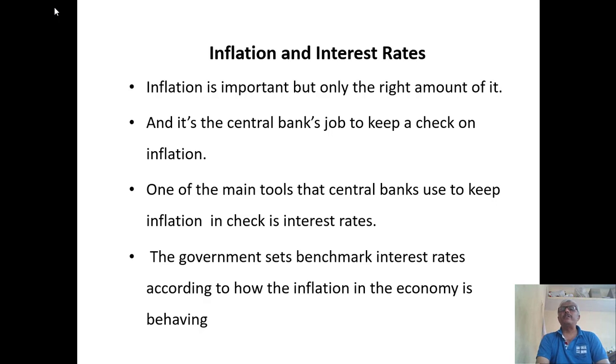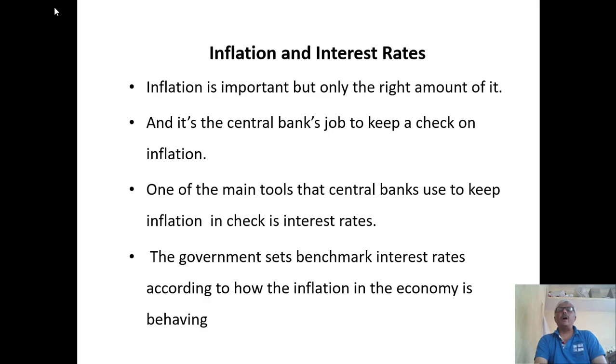For long-term lending, it is going to use the bank rate. For short-term lending, it is going to use the repo rate. So this is the way inflation and the rate of interest are monitored by the central bank. The government sets a benchmark interest rate. Normally, the government says that the rate of interest should not go below this, because people's purchasing power is expected to be hampered.